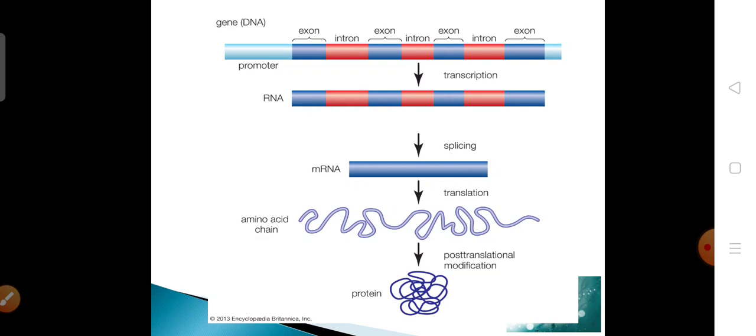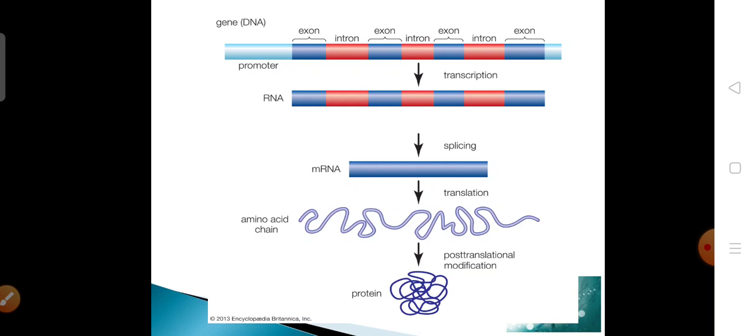Several hypotheses or several mechanisms were put forward. But finally, it was found that the whole gene, the whole DNA gets transcribed into RNA, right? That means all the introns as well as exons are transcribed to form the mRNA.